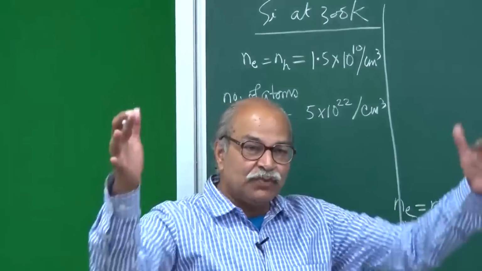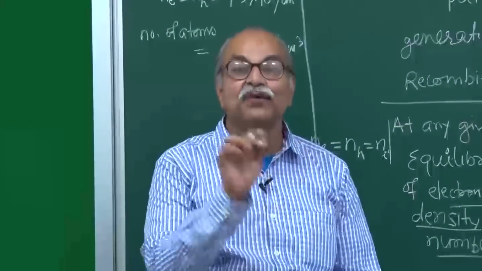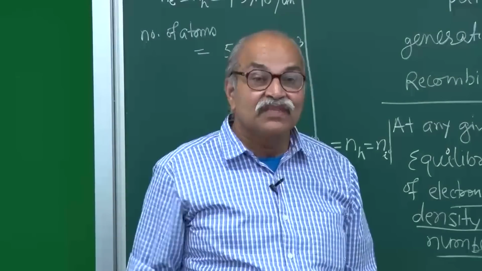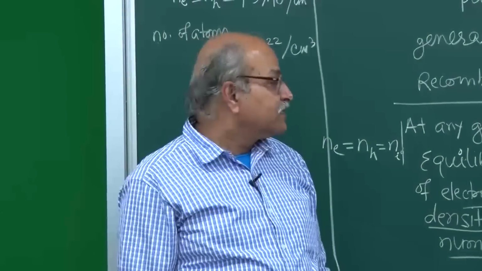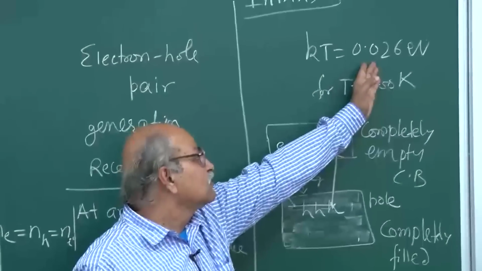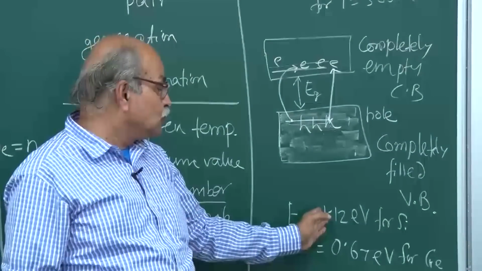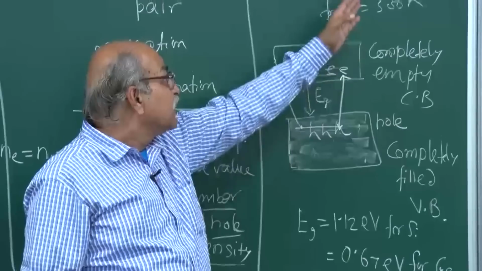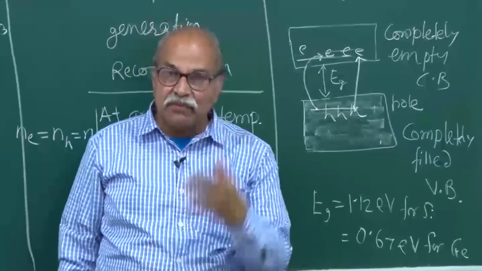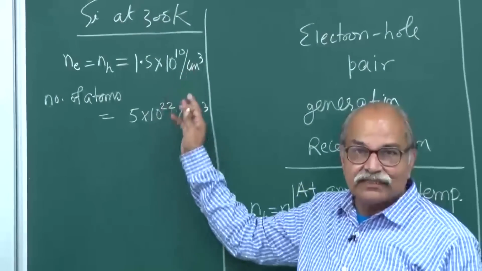With those many atoms, with those many covalent bonds, on the average 1 bond is broken and that electron has gone to the conduction band. And that is reasonable because our kT is 26 milli electron volts and the gap is 1.12 electron volts. As compared to this it is quite large, and therefore the probability will be small, and hence this fraction you can see like this.